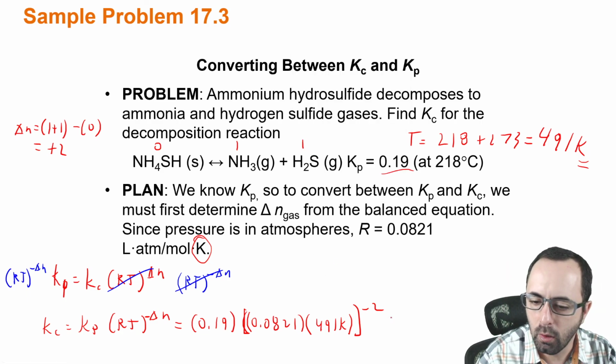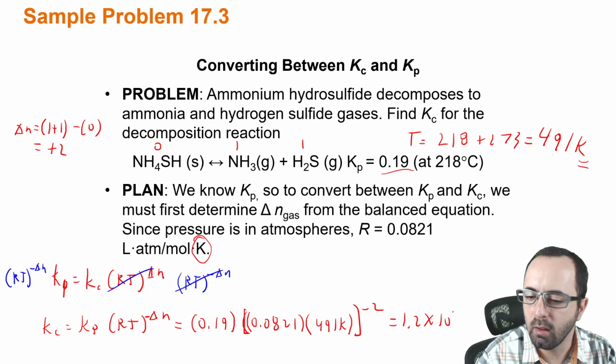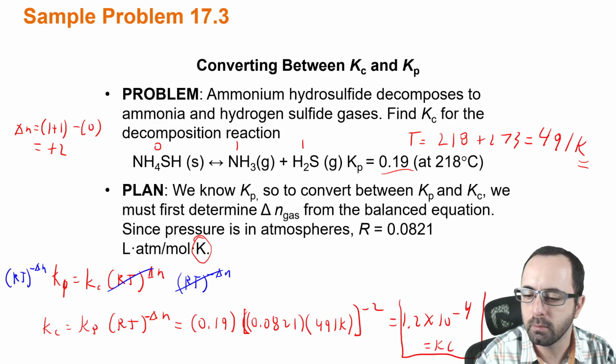Okay, so 1.2 times 10 to the -4, that is Kc. And that is our answer.